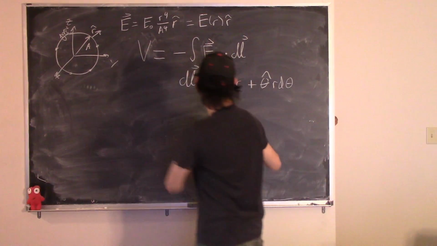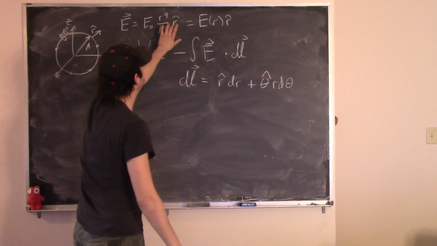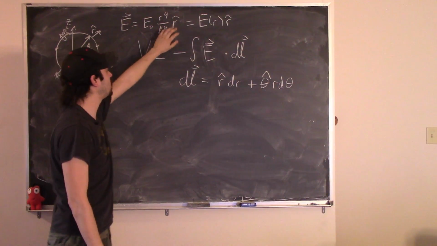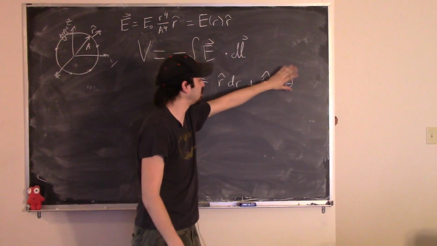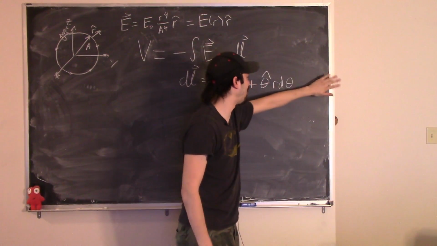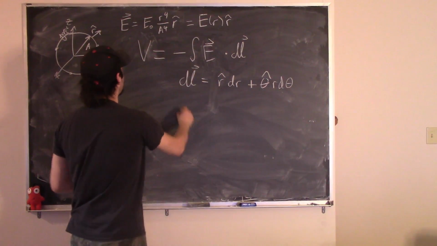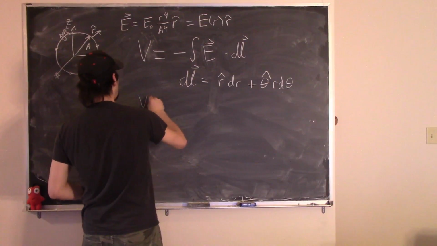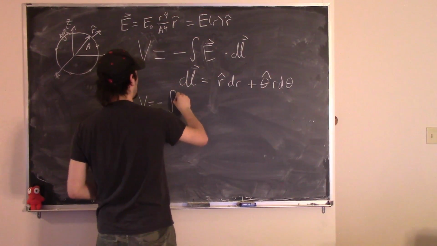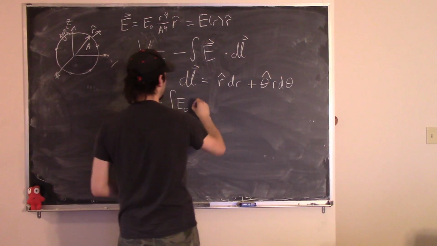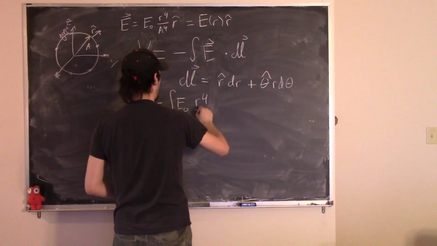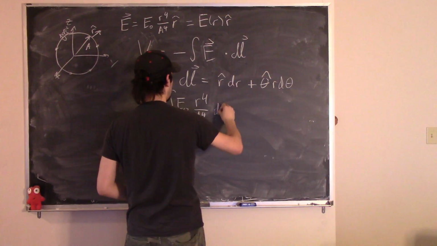Okay. So when I take this dot product, I see that this only has a component in the r hat direction. So this portion's 0. And like I said, in general, there should also be a phi component here, but that portion will also be 0. So when I do this dot product, what I end up seeing is that V is going to be equal to the negative integral of E0 r to the fourth over a to the fourth times dr.